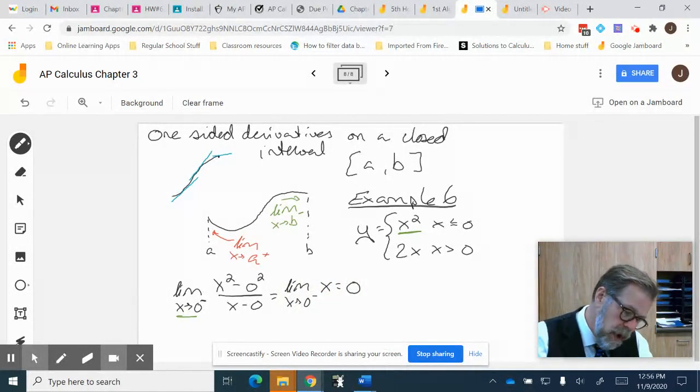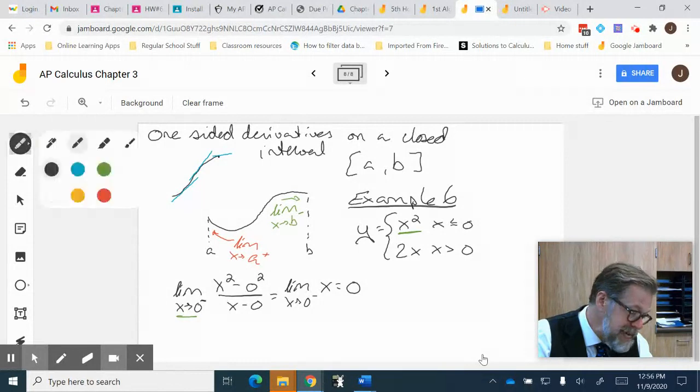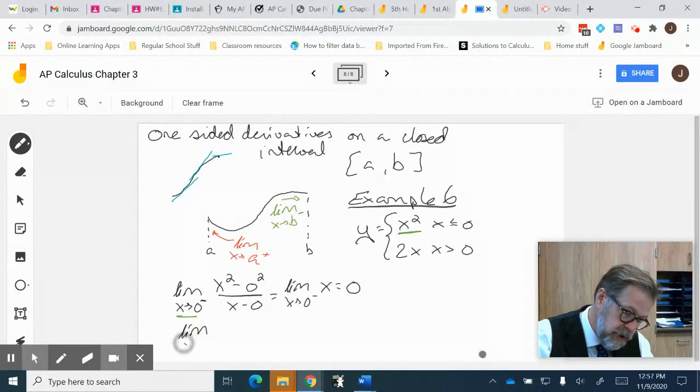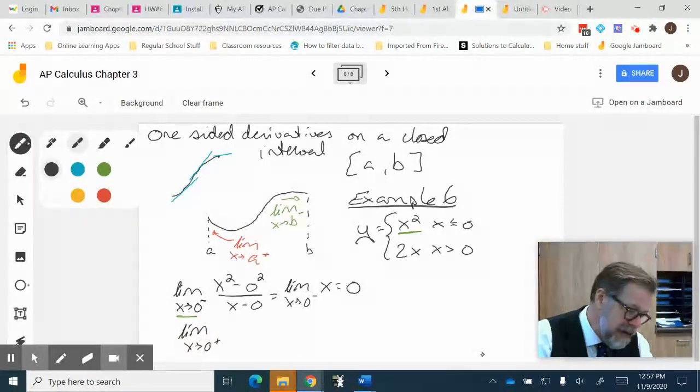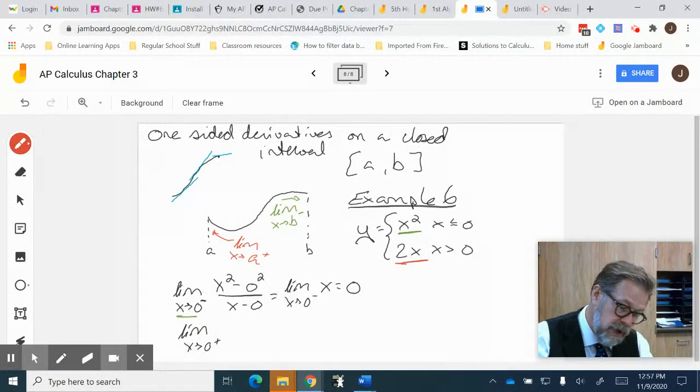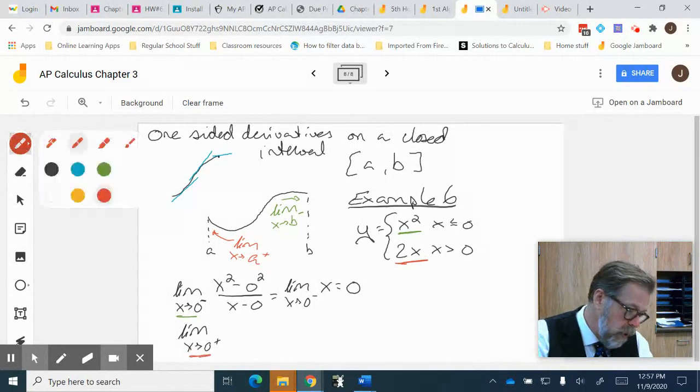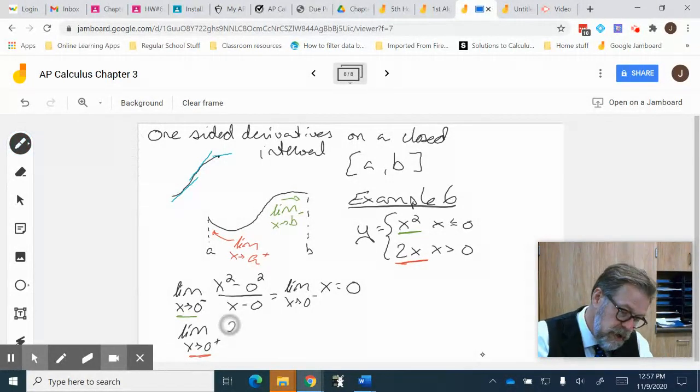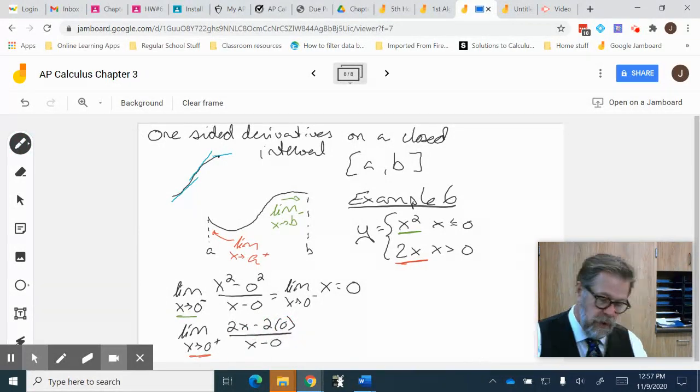Okay, what about the limit as x approaches 0 from above? Well, we're now looking at a different function. We're now looking at 2x. So what have we got here? We've got 2x minus 2 times 0 divided by x minus 0.